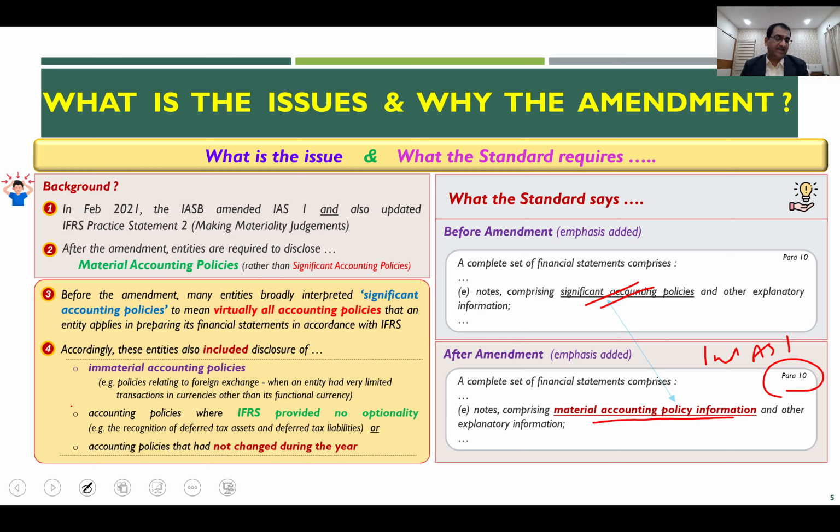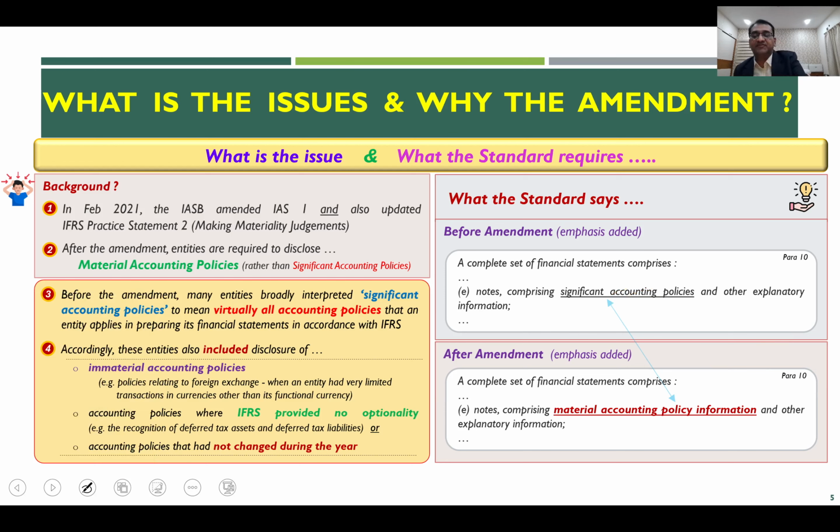Thereby, post-amendment, an entity is required to disclose in the notes to the financial statements only that accounting policy information which is material to the entity. So that's the change which has come in the requirement of the standard.